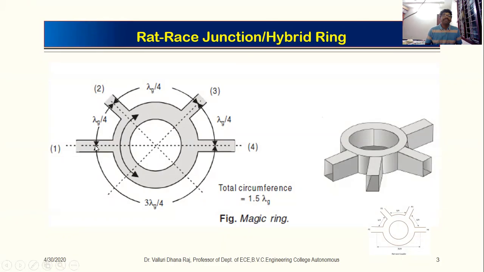Because the wave traveling in the clockwise direction and in the anti-clockwise direction will have a phase difference of 180 degrees. Means the two signals are out of phase. As a result, both will be cancelled, and there is no output across port 3. That is, 1 and 3 are considered as isolated ports because there is no output appearing across port 3 when port 1 has been excited.